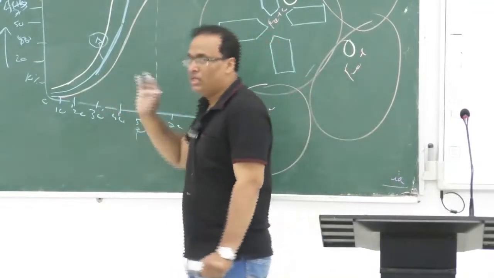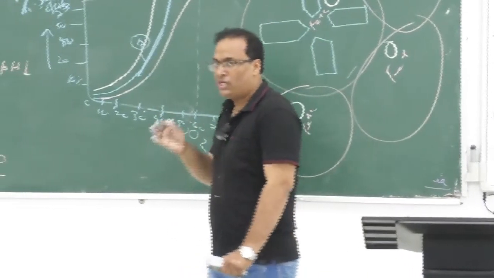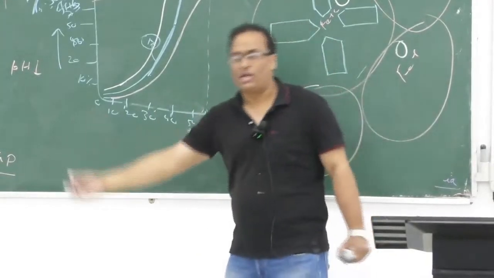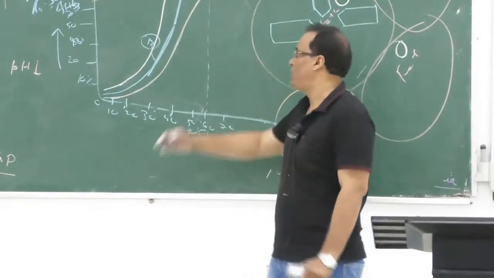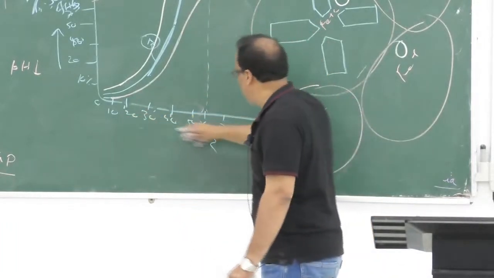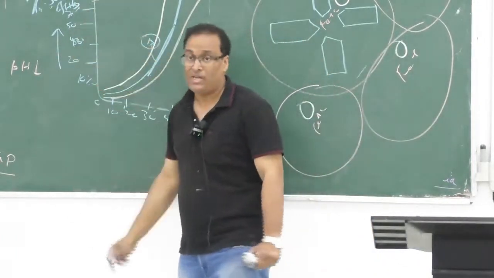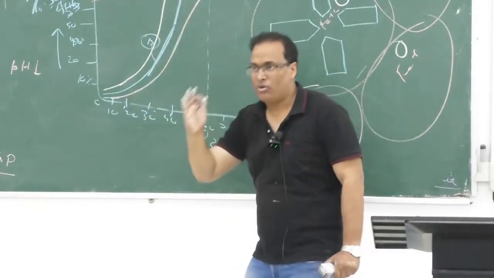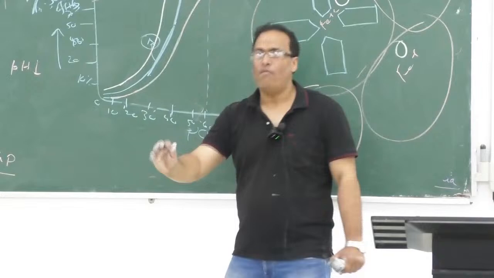But in this class, you only have to know the oxygen hemoglobin dissociation curve, or simply the dissociation curve. It is a sigmoid curve, where the x-axis is the partial pressure and the y-axis is the percent saturation of hemoglobin. Saturation of what?